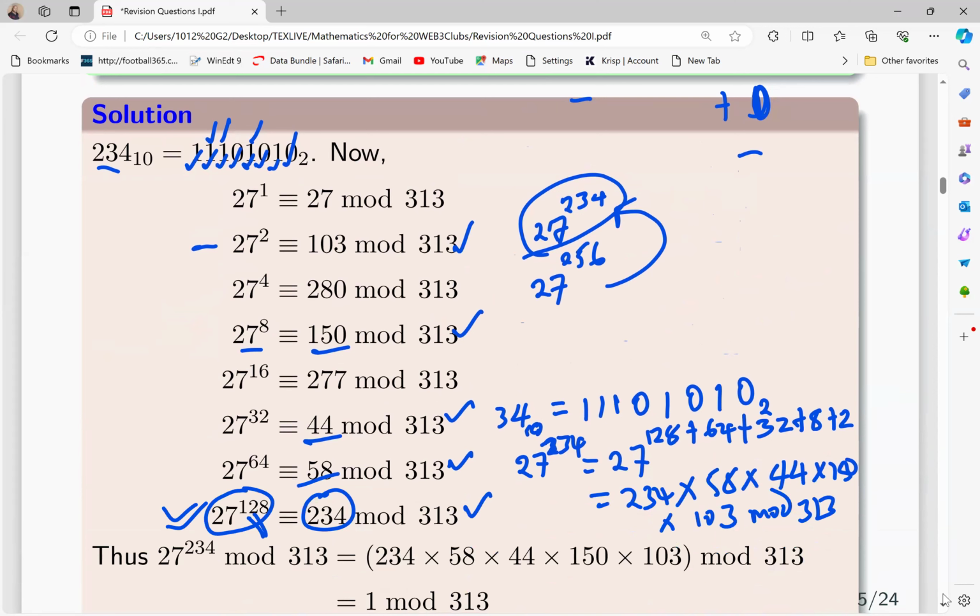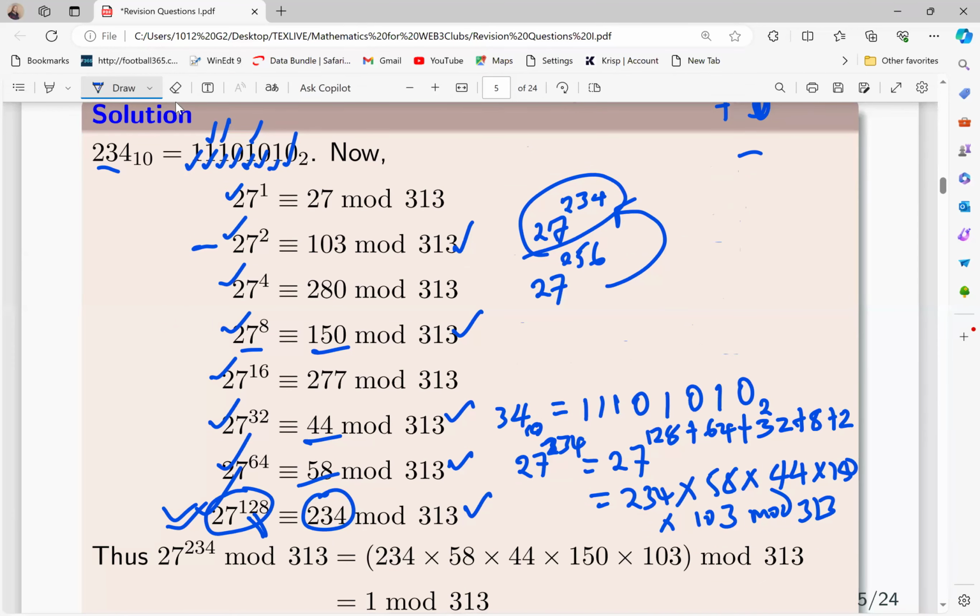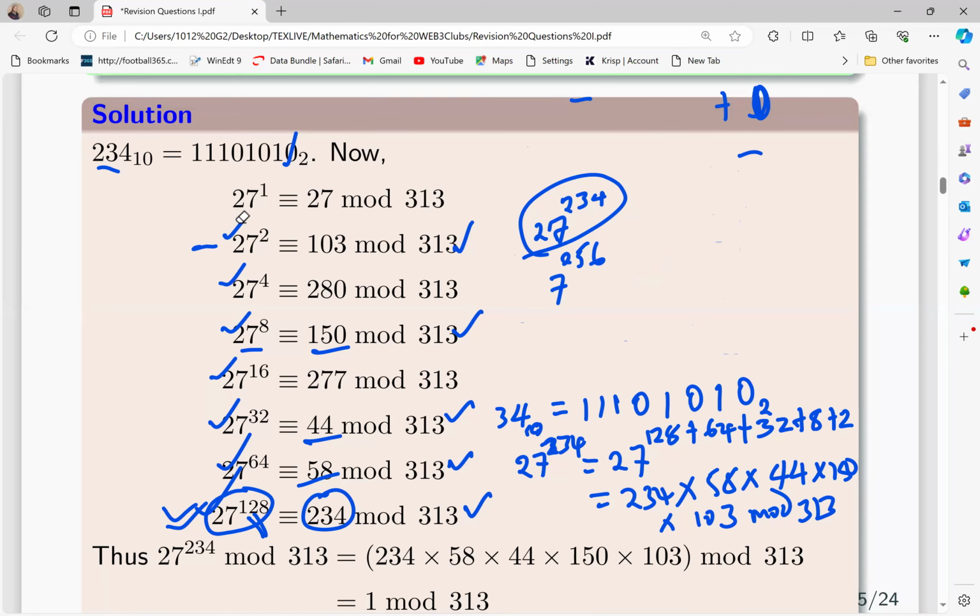How many times did we go? 1, 2, 3, 4, 5, 6, 7, 8. So the binary numbers are also guiding us how far we want to go. But still, even without that, this is very important to know: we want to go up to what point so that we don't go past what we want.